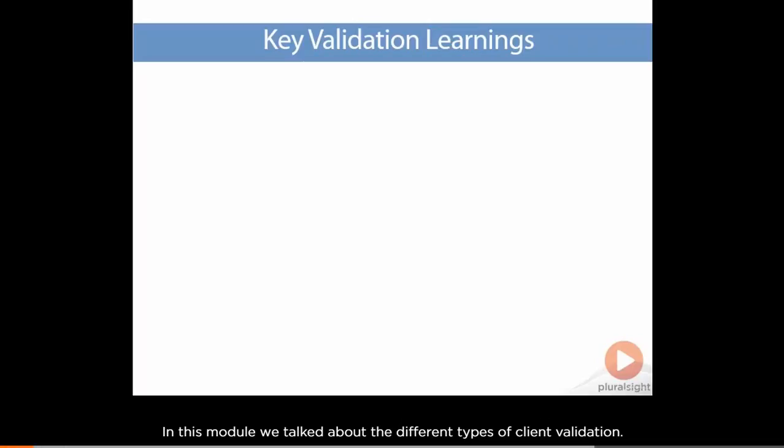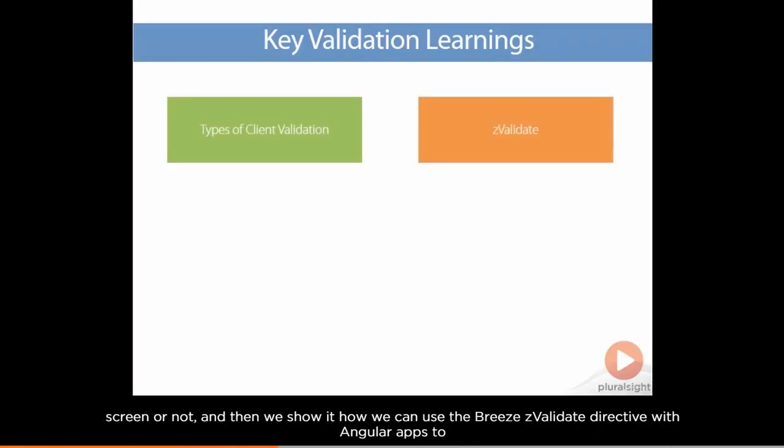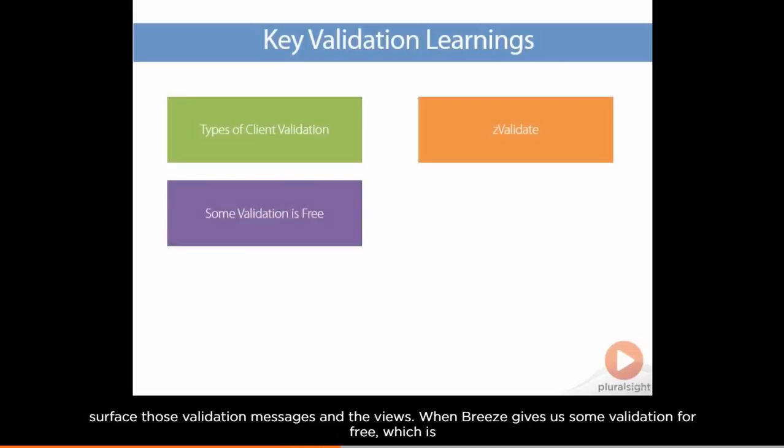In this module, we talked about the different types of client validation. We specifically focused on view-level validation and model-level validation, and why we're using model-level validation inside of our app, so we make sure that we're validating whether the properties are actually on a screen or not. And then we showed how we can use the Breeze Z Validate directive with Angular apps to surface those validation messages in the views. And Breeze gives us some validation for free, which is awesome. We don't have to write any JavaScript.